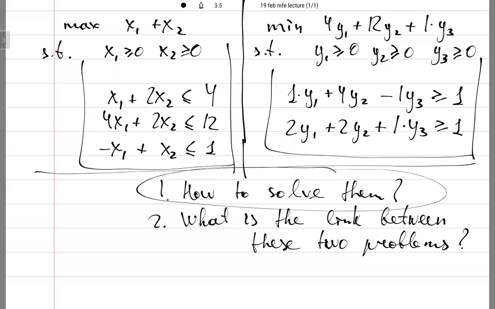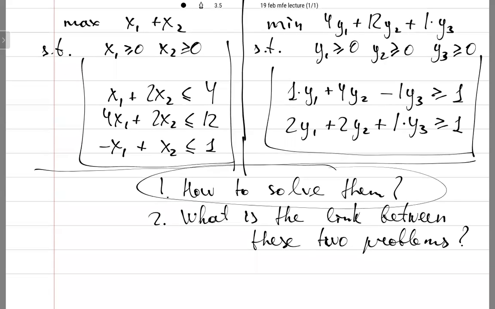Try to use graphical methods as much as possible. So my first answer is to use a graphical approach if possible.